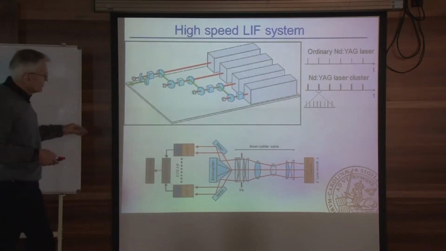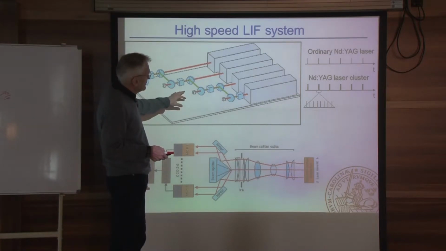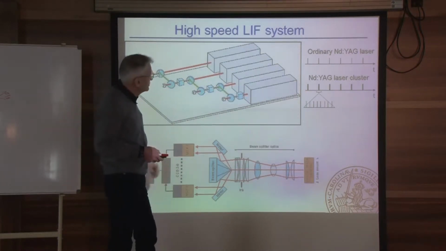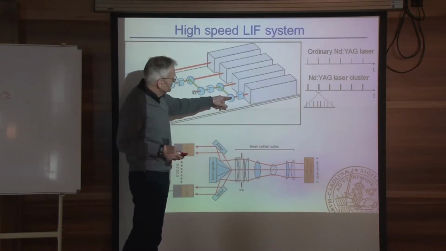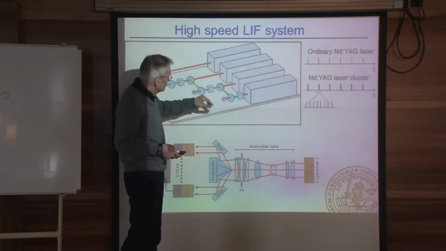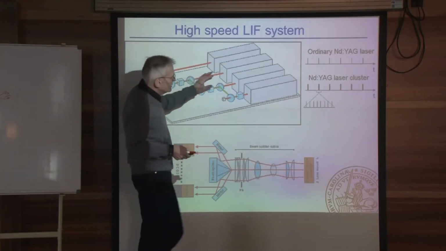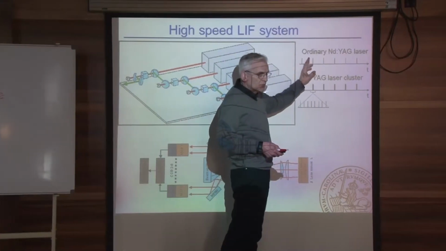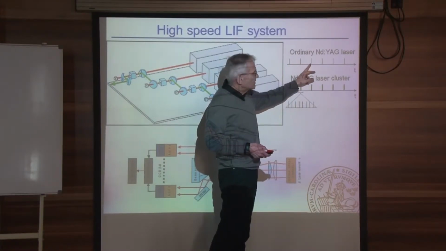And then I described before the high-speed system that we built in the early 2000s, where we had four individual double-pulsed systems, and then with various filters and optics, I don't have time to go into detail, but essentially an ordinary YAG laser works at 10 Hertz. So you get one pulse, then 100 milliseconds later you get another pulse, and so on.